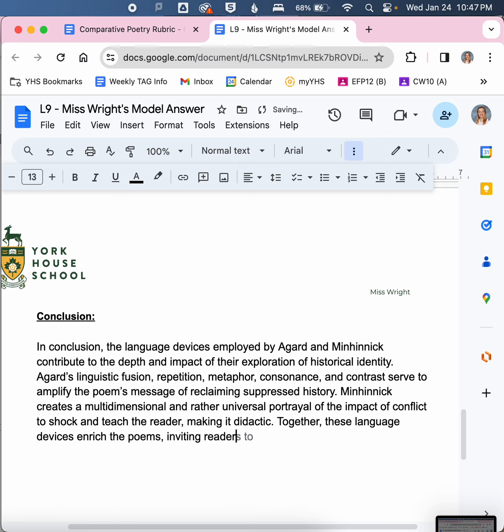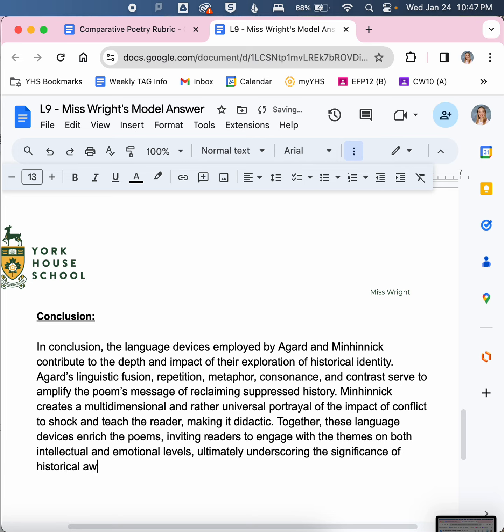So now I'm going back to the reader as well, really important. I can feel myself repeating myself here a little bit too much, I think.